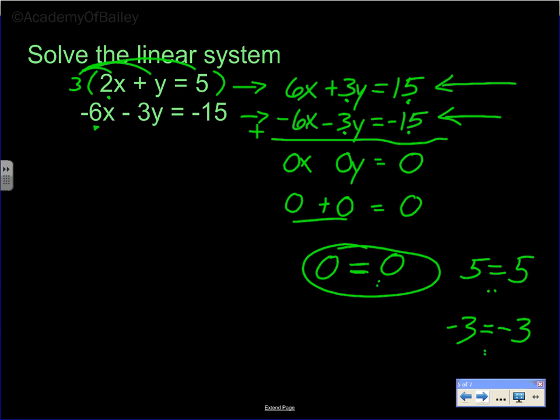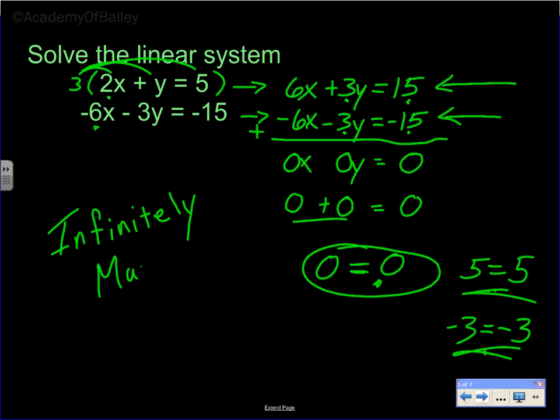There's no variables left in there. So the statements themselves are true statements. And if they are true statements, you know that those two lines are exactly the same. And your answer: infinitely many solutions.